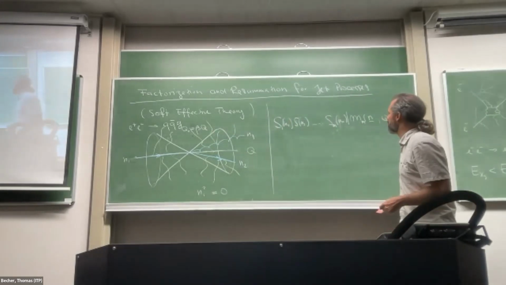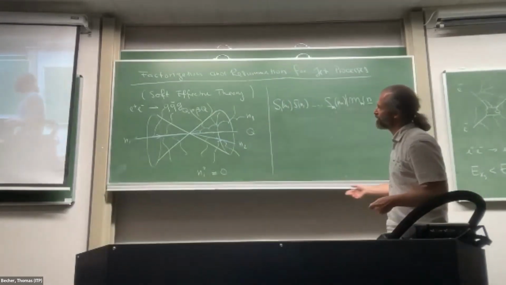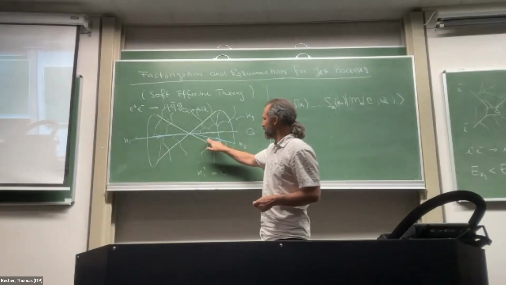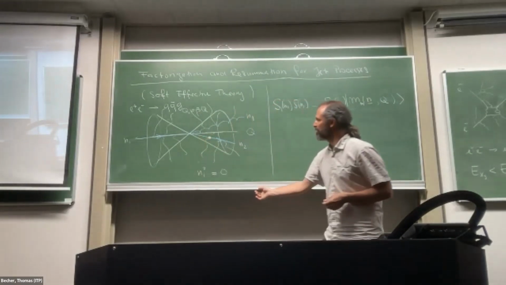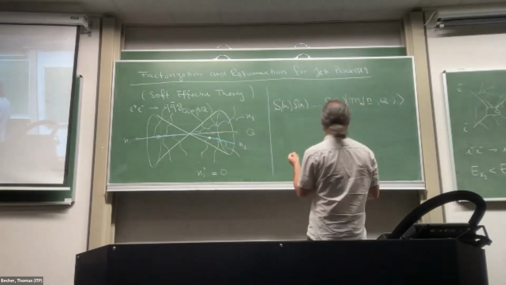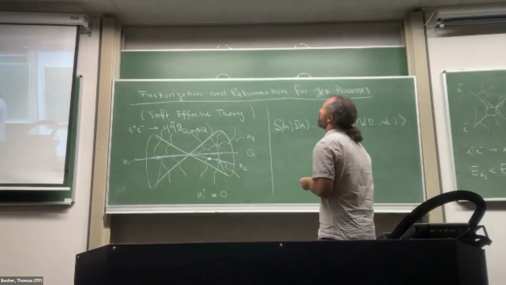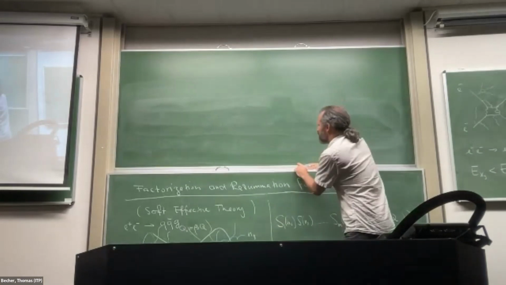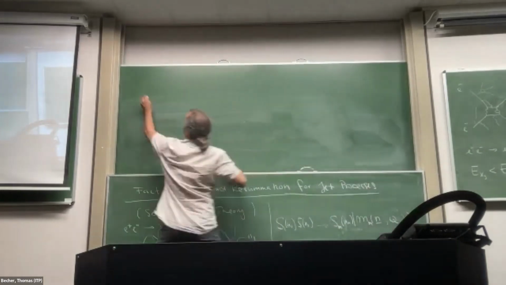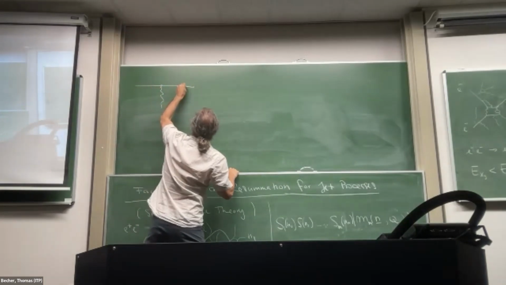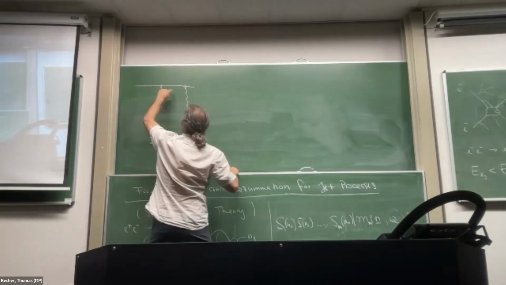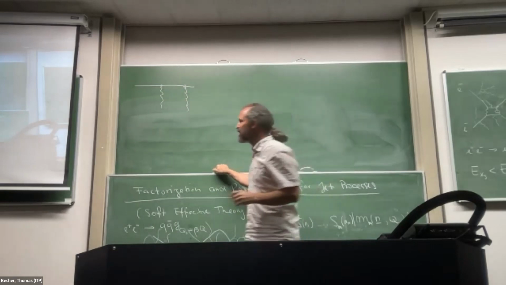So the only difference when we do this eikonal is that now this emission here, so when you do the expansion with the gluons, the propagator denominators, everything is the same.